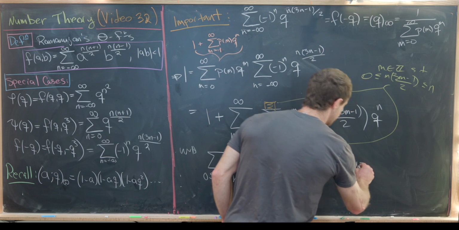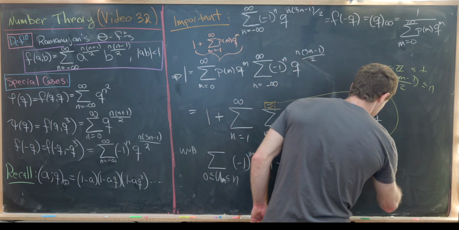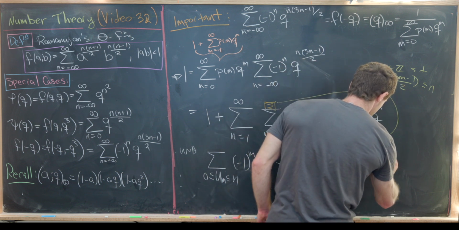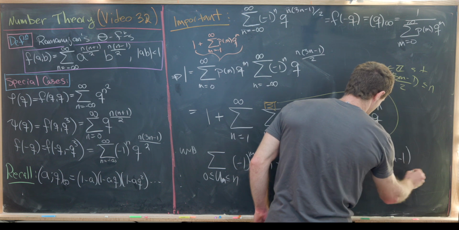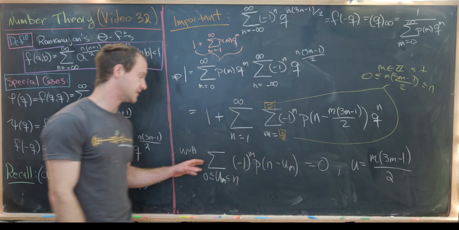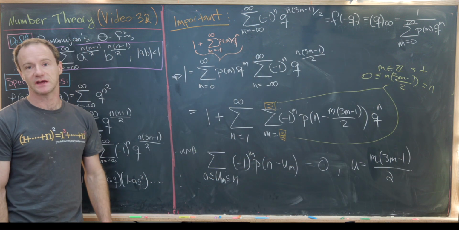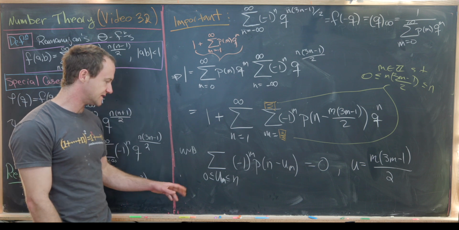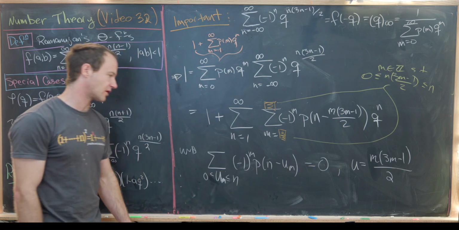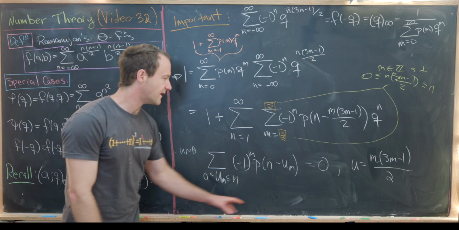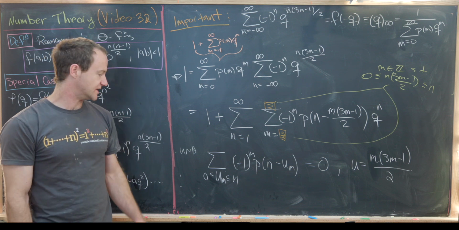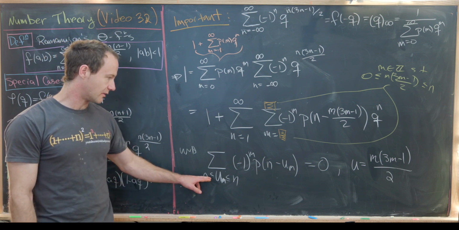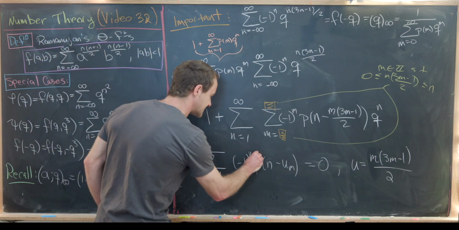Then let's define these u's. So u sub m is equal to m times 3m minus 1 over 2. So it's summing over all possible values like that. But the standard thing to do here is to take the 0th term out and then move everything to the other side of the equation. So we can take the 0th term out and then change the sign here.